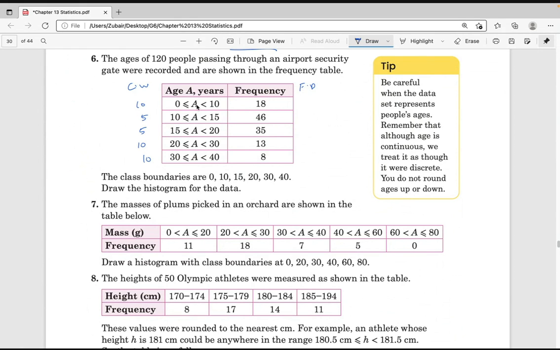Frequency density is frequency divided by class width: 1.8, and 46 by 5 is 9.2, 35 by 5 is 7, 38 by 10 is 3.8 and 0.8. So just drawing the histogram.